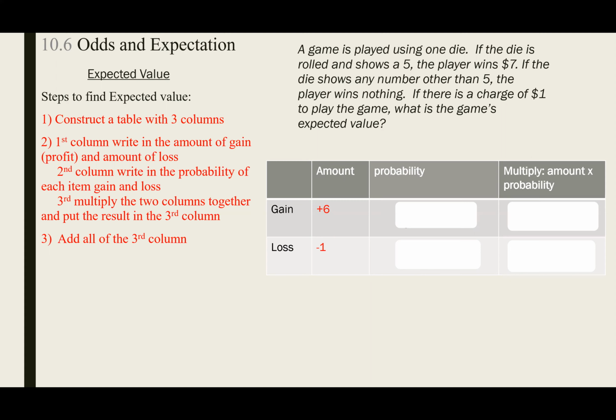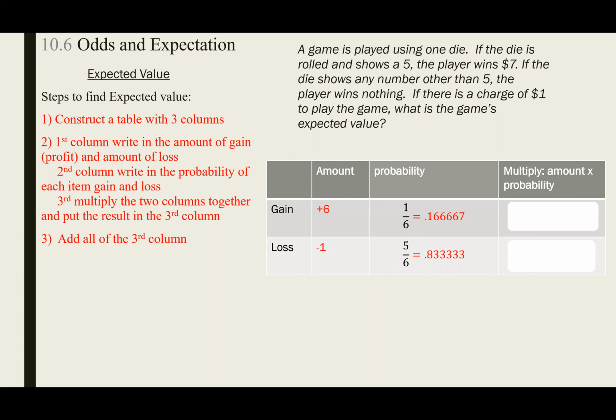So what is the probability? Do you agree that my dice has 6 sides? One side contains number 1, one side number 2, number 3, number 4, number 5, number 6, right? So I have one side containing number 5 out of the 6 sides.